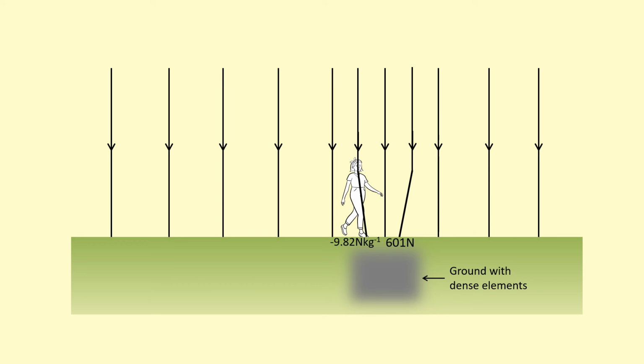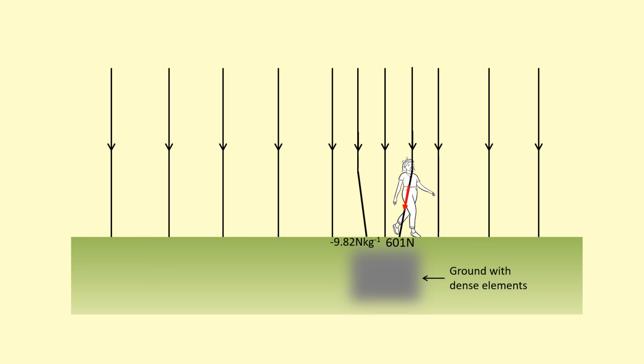Sorry, the mass would not change. And even more importantly, the force wouldn't be directly downwards, it'd be pulling them towards the ground with the denser elements inside it. And when they're walking away, it'd be the other way around. It would be pulling them back towards the ground with dense elements. So when they're walking towards that ground, they would actually be pulled, almost accelerated horizontally towards it as well.